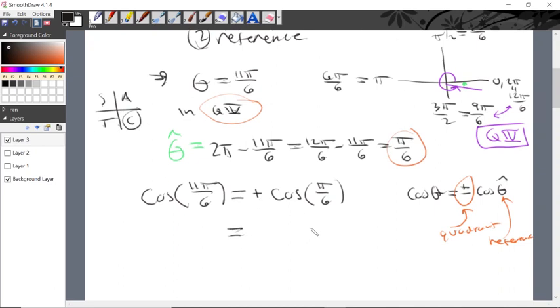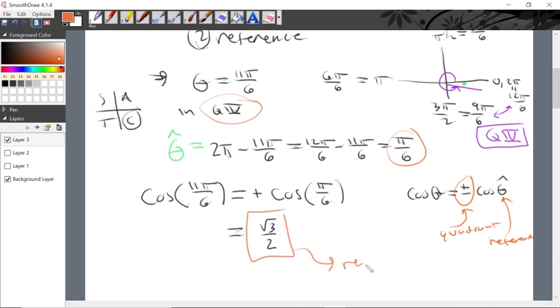And the cosine of pi over 6, if it helps, recall pi over 6 is the same as 30 degrees. So you want the cosine of 30 degrees, and the cosine of 30 degrees is root 3 over 2. So the cosine of pi over 6 is also going to be root 3 over 2.